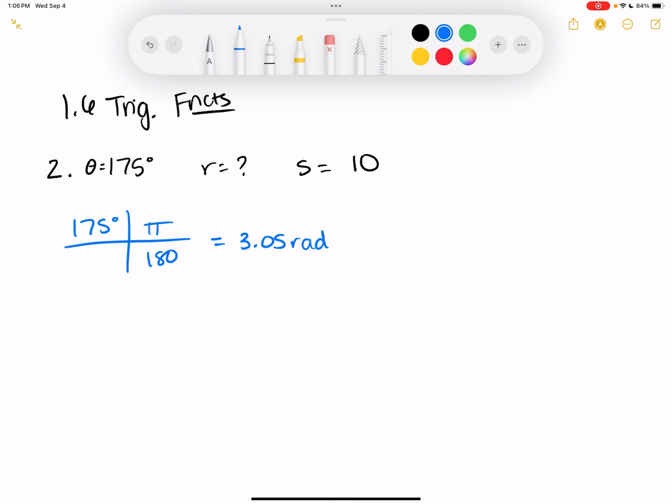So then S equals R theta. I'm solving for R, so R is S over theta, which is 10 over 3.05, which comes out to 3.27.